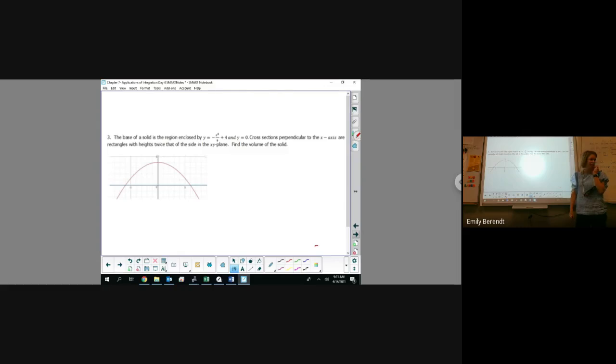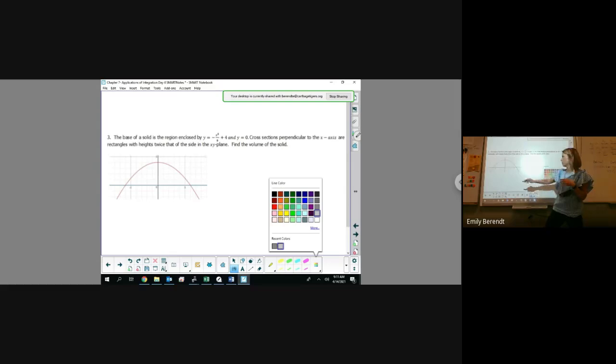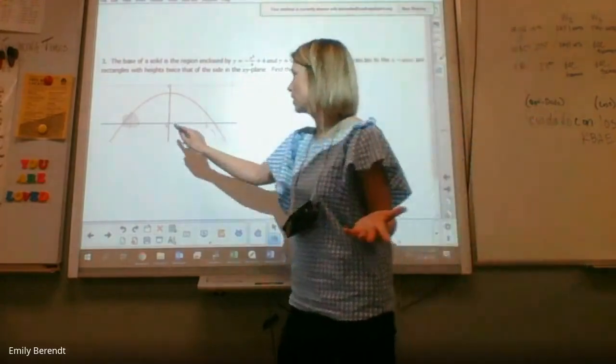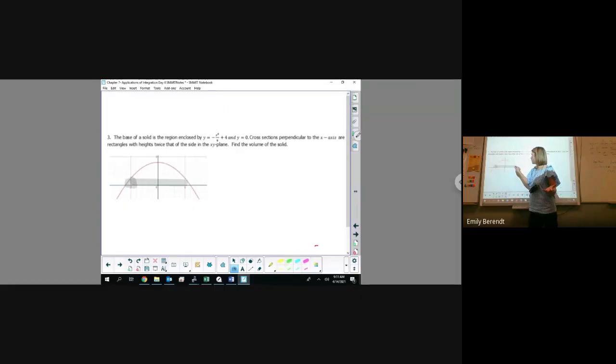So we are taking our cross section, so our shaded area in gray, hang on, I did a gray highlighter. Guys, I didn't know you could do that. That would have been good for my drawing just then.